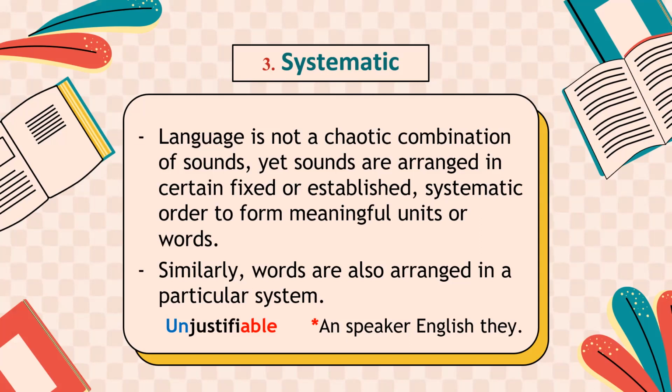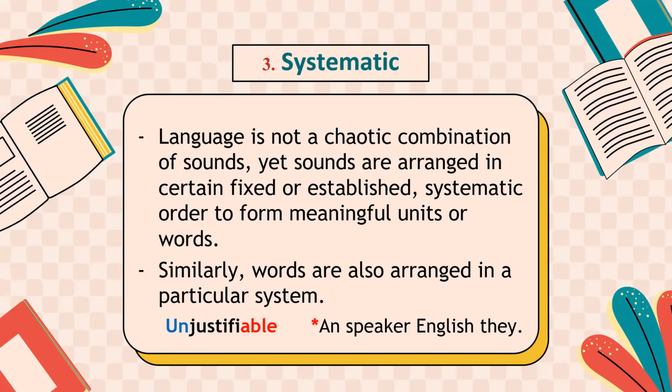If you want to say the dog is barking, you cannot say barking me the dog is, or is barking dog the. No, you have to say the dog is barking, because this is the systematic way. This is the way that we all know. These are the rules of language.